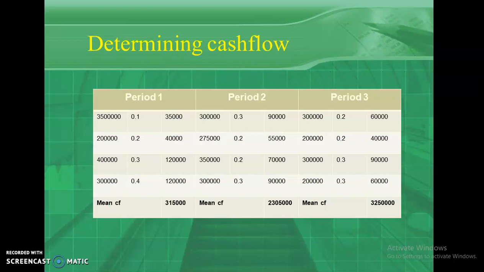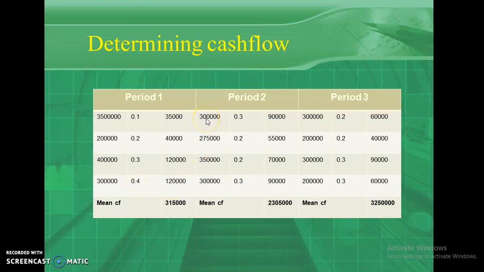So what do you want to do first? Step number 1: the cash flows and probabilities are given. You multiply the cash flows with probability and you get 35,000, then 2 lakh into 0.2 is 40,000, 4 lakh into 0.3 is 1 lakh 20,000, 3 lakh into 0.4 is 1 lakh 20,000.